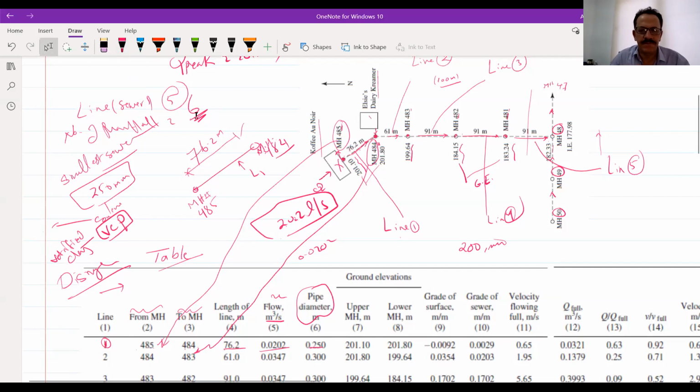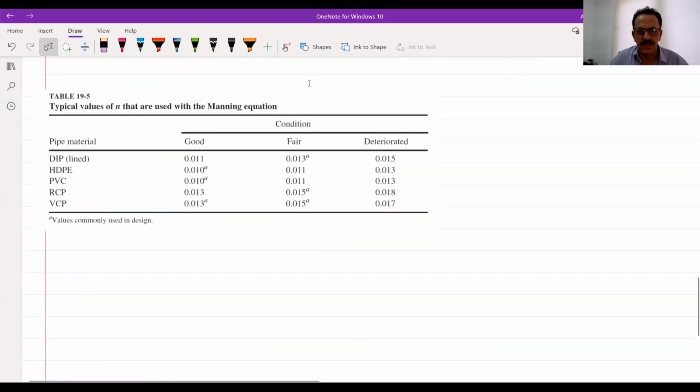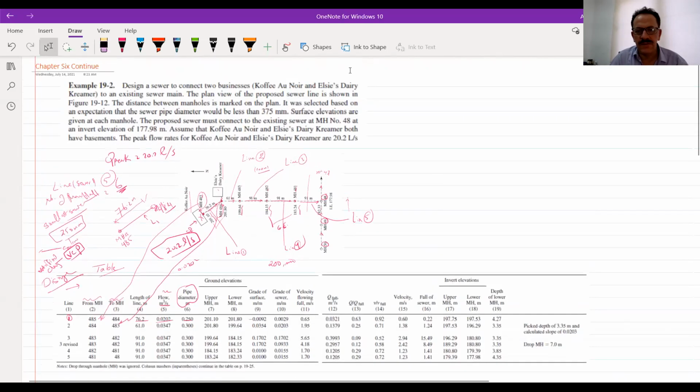It can be given to you, and you can have it from the standard in the design criteria that you are following. For example, if you are following the design criteria of the municipality of Suleymania, they are asking you to start at least with the smallest, 200 millimeters to 300 millimeters concrete and 250 plastic pipe.